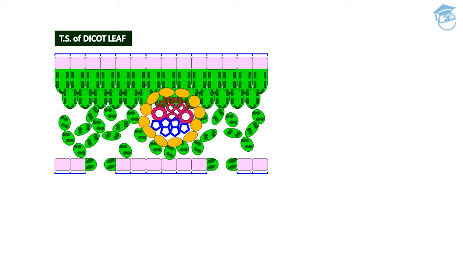Now let's see the transverse section of the dicot leaf. See, this is the adaxial epidermis, and this is the abaxial epidermis. This is palisade mesophyll, this is spongy mesophyll, and this is the vascular bundle inside bundle sheath cells. And this is the cuticle that protects the leaf from infections, you can say.